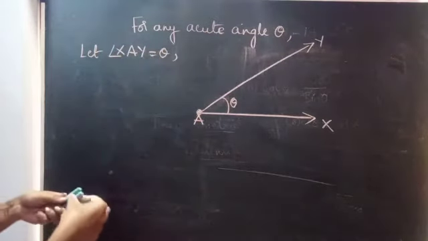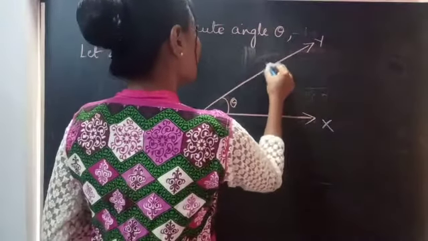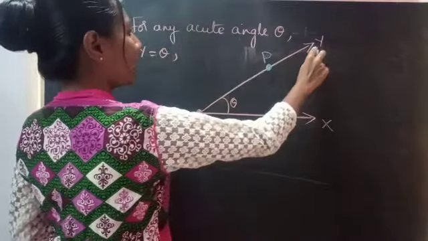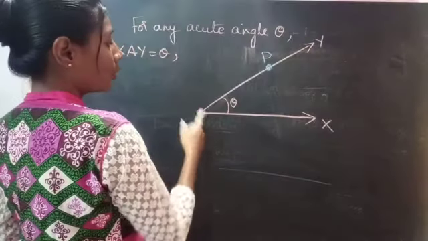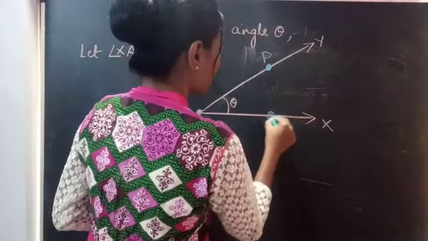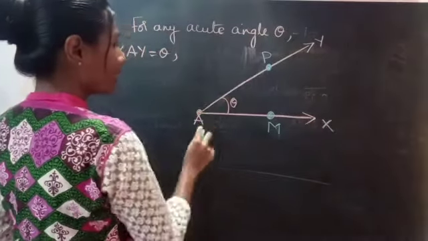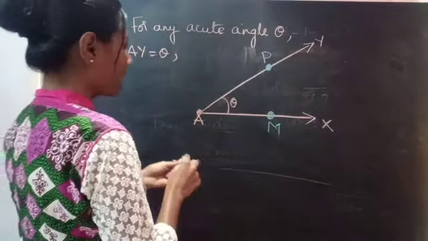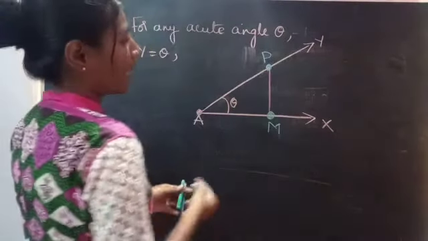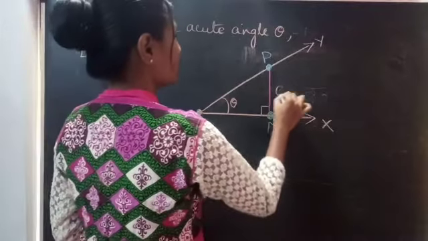Now, consider a point P on ray AY other than point A and a point M on ray AX other than point A, and draw a perpendicular PM which forms a right angle triangle.